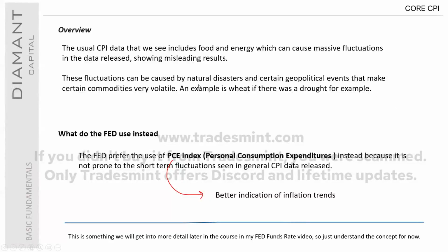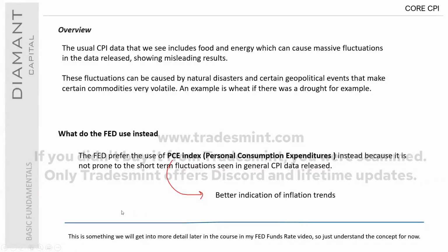Like I said, if there was a drought, for example, for wheat, maybe for the next few months you might get a massive increase in inflation due to the supply and demand factors. Whereas the PCE index actually gets rid of that. So PCE index is essentially what the Fed prefer to use.